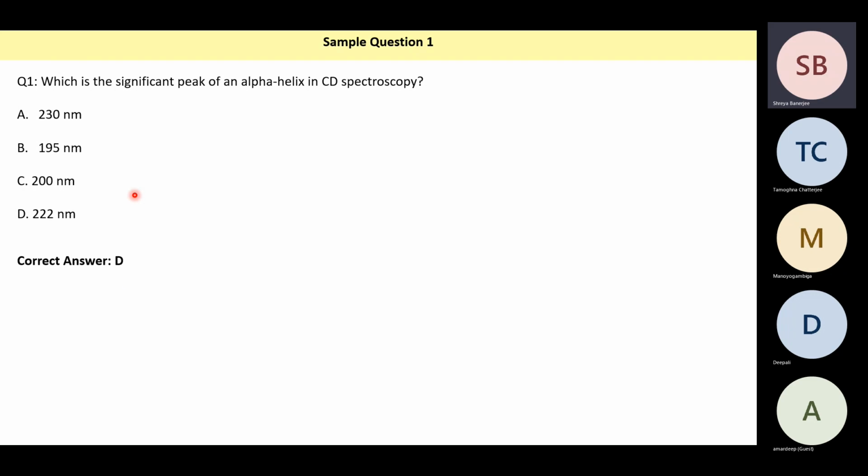The answer to this is D, or 222 nanometer.